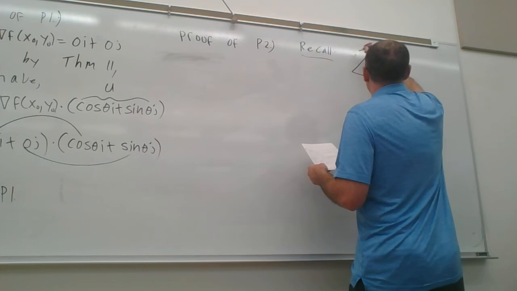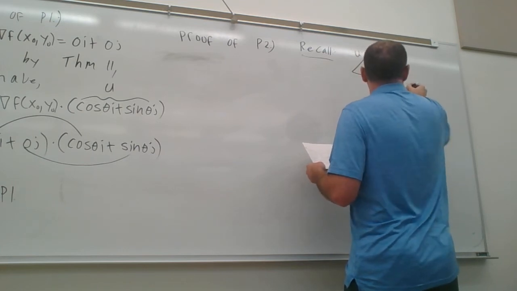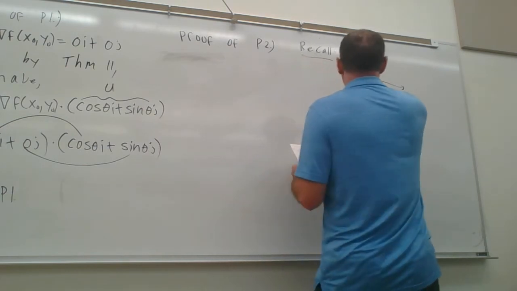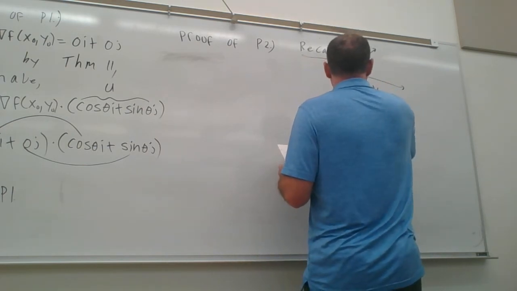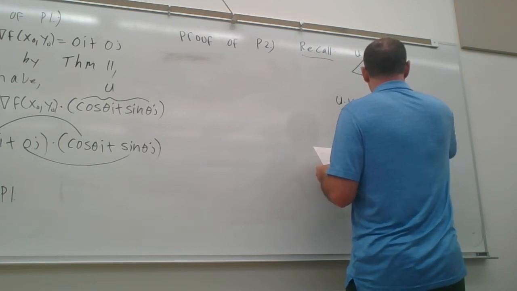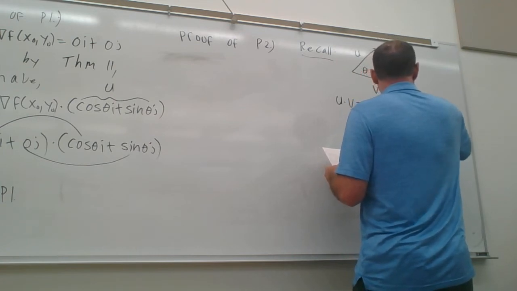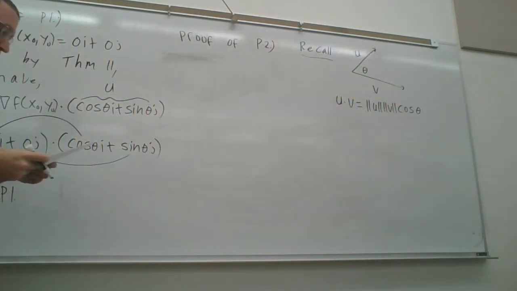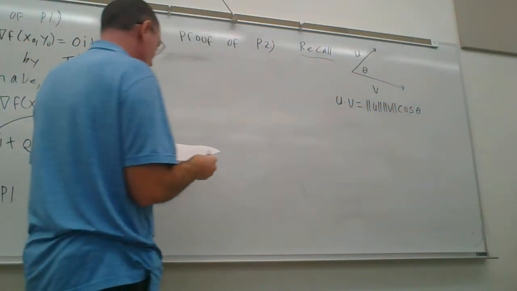Given two vectors u and v, we know that u dot v equals the magnitude of u, magnitude of v, cosine of theta, where theta is the angle between the vectors. Let's recall that as a sidebar.